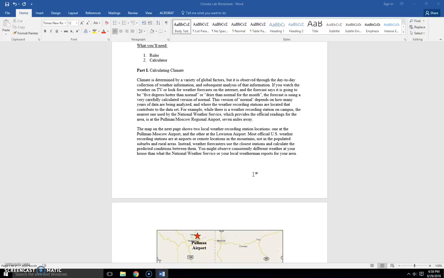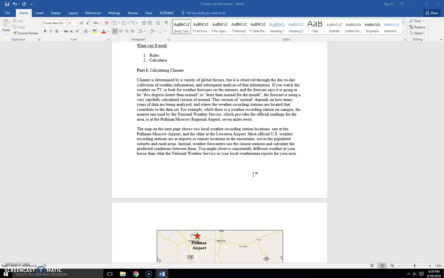If you watch the weather on TV or look for weather forecasts on the internet, and the forecast says it is going to be 5 degrees hotter than normal or drier than normal for the month, the forecast is using a very carefully calculated version of normal. This version of normal depends on how many years of data are being analyzed and where the weather recording stations are located that contribute to the data set.